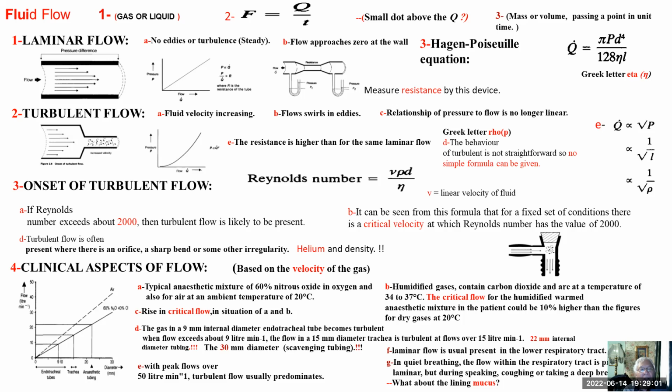If the Reynolds number exceeds 2000, we call the flow turbulent. So if I fix the diameter and the density, the Reynolds number will be correlated to the velocity.